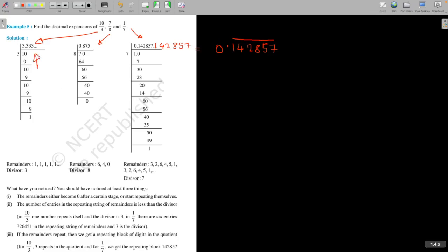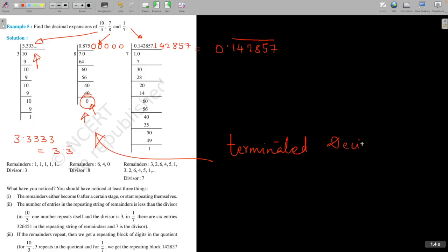This is also recurring. 3.333 goes on forever, and this is written as 3.3, where 3 is recurring. Now, this is an interesting example. Here the recurring number is 0. And when the recurring number is 0, we just call this a terminating decimal.